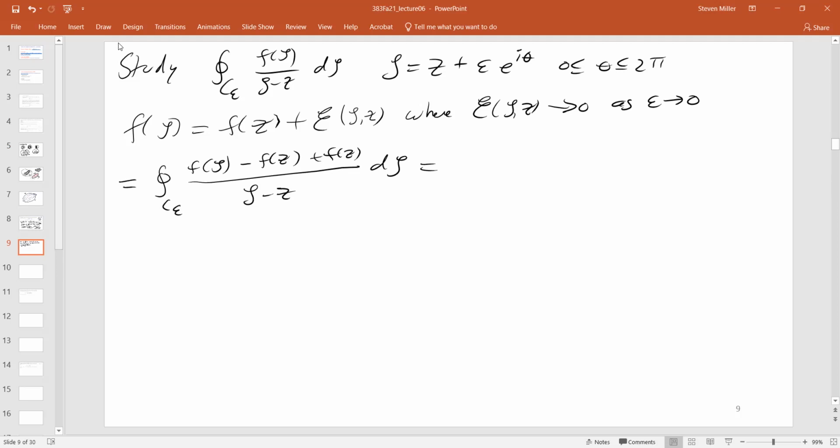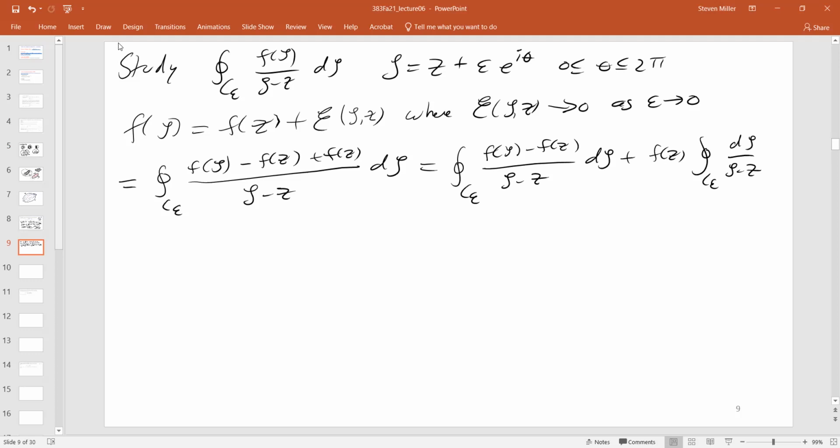The reason this is a good way to do it is now I have the integral over c epsilon of f of zeta minus f of z over zeta minus z d zeta plus f of z times the integral over c epsilon of d zeta over zeta minus z. Why did I pull the f of z out? Yeah, it's a constant.